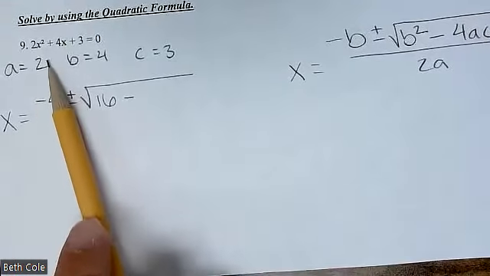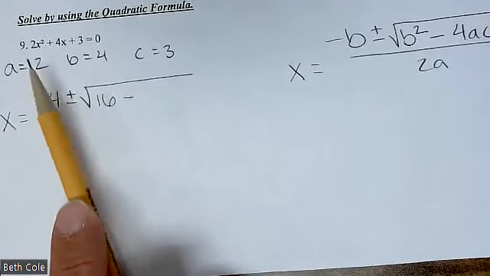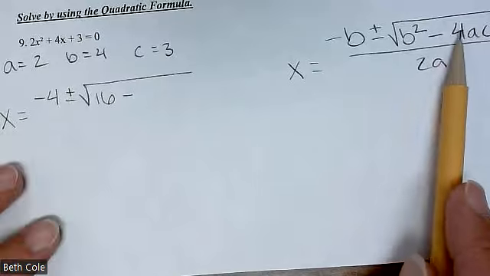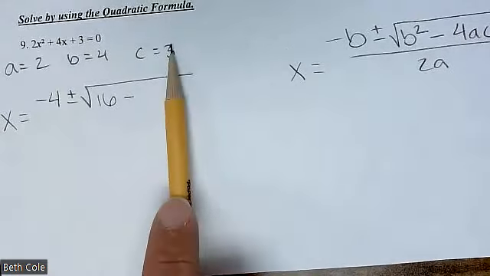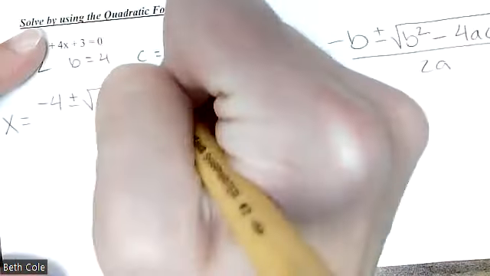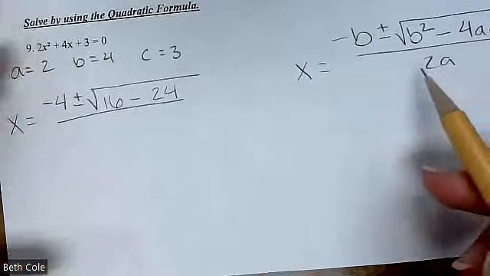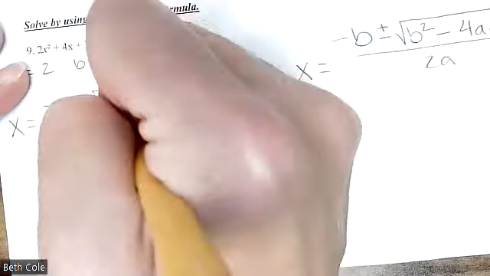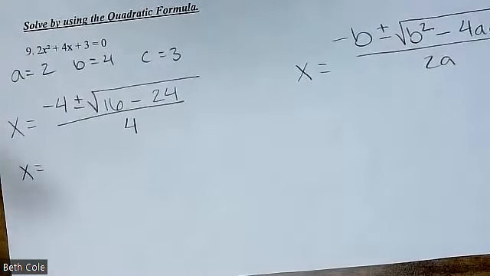So let's see what we get. 4 times 2 is 8, times 3 is 24. Good. Huge fraction bar. 2 times a, so 2 times 2 is 4. And then we've got to simplify that down.